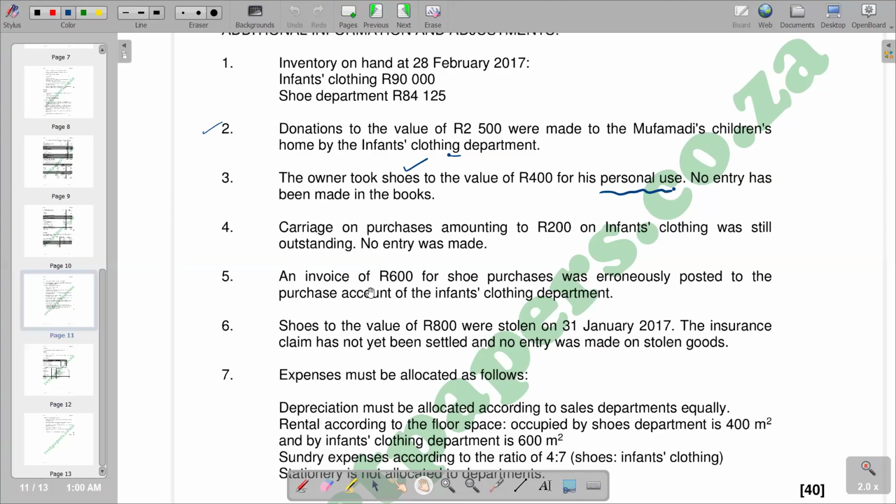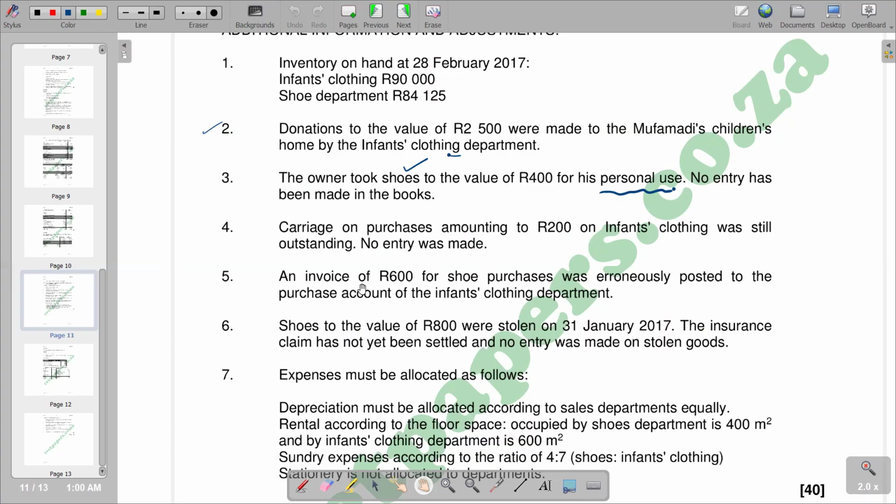Then item 5, an invoice of 600 rands for shoe purchases was erroneously posted to the purchases account of the infants' clothing department. So this is a mistake that took place: that 600, which was supposed to be in the shoes department, was entered in the clothing department. So by correcting, we have to remove the 600 in the clothing department by subtracting, and we put it in the shoes department.